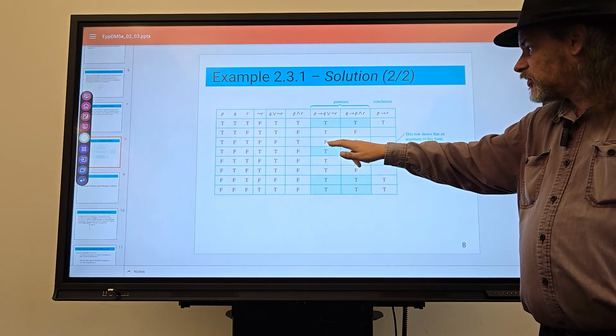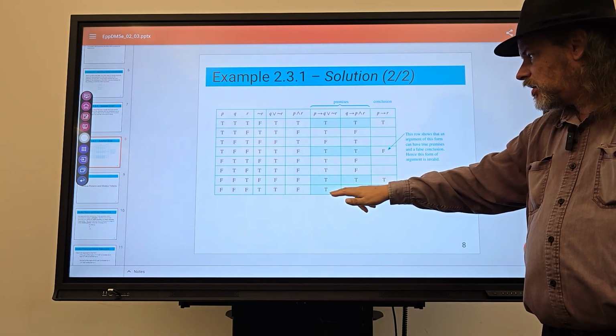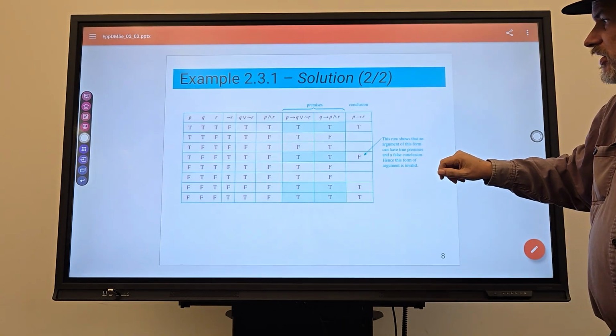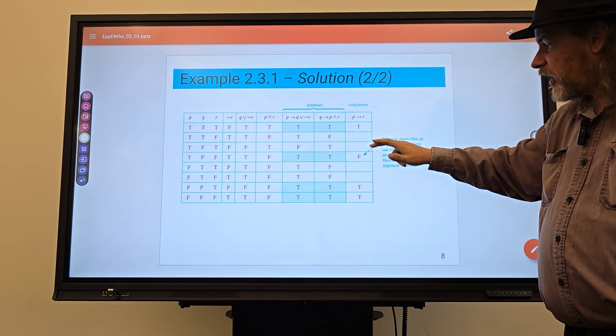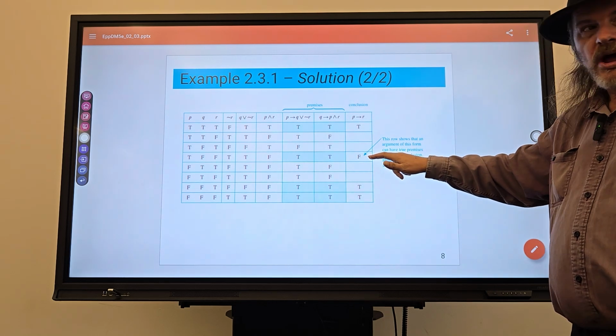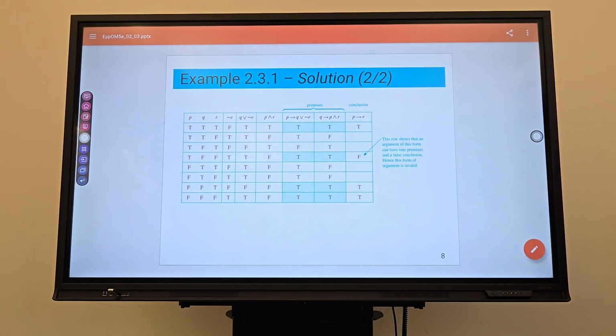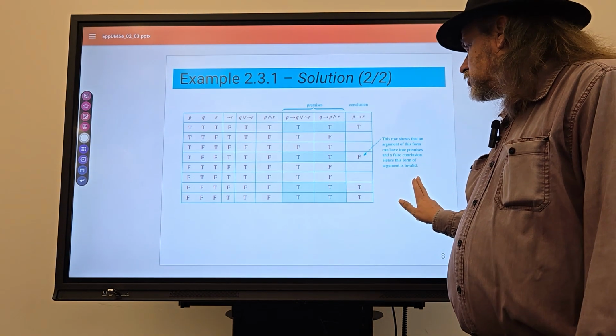So there are 4 critical rows. Now, the conclusion for those critical rows, are they all true? No. So it is an invalid argument. A judge would throw it out in court because it could be false. It has to be true for all cases.